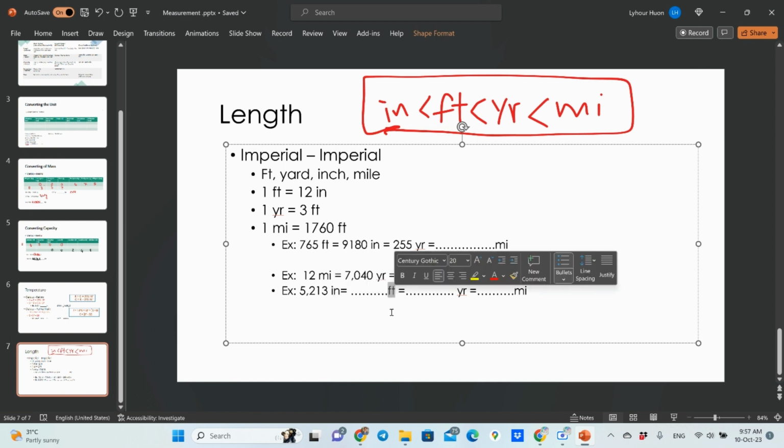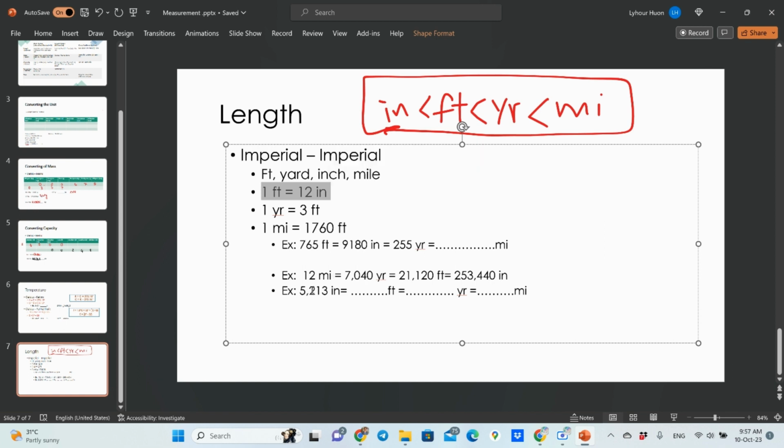Now we know that it's from smaller to larger, so we divide. Yes, we divide 5,213 by 12. The answer is 1 feet equal to 12 inches. So these inches to feet is divided by 12.